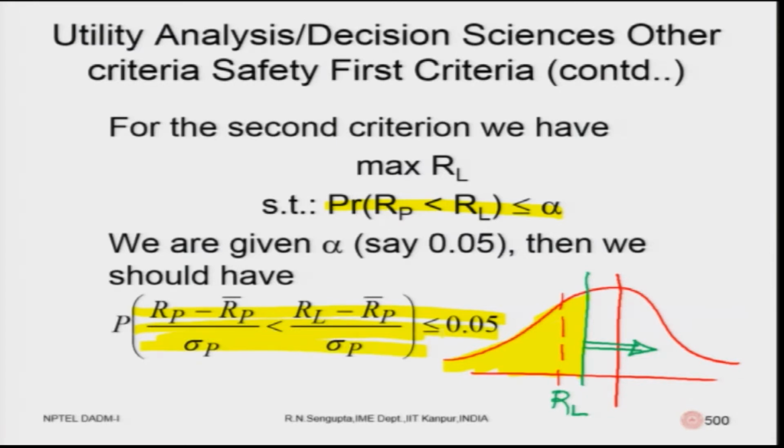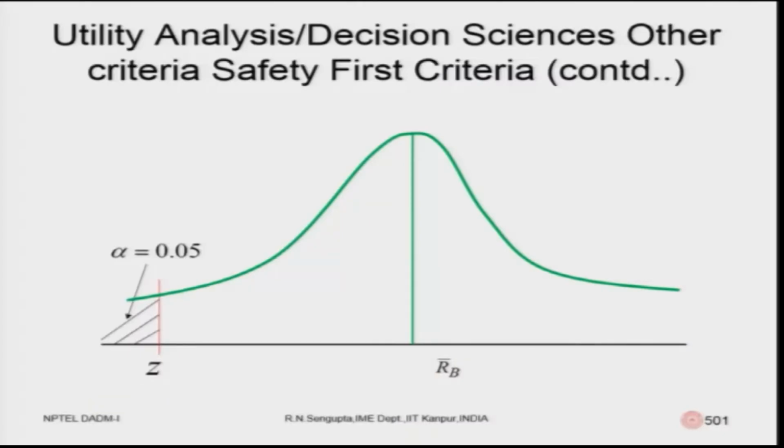So, you want to maximize R_L based on a constraint. The constraint is basically a simple stochastic constraint, but considering normality, it can be easily done through simple reliability optimization or simple optimization. It is not part and parcel of this course, I am just mentioning it. So, in this case you have the utility analysis for the safety first principle.